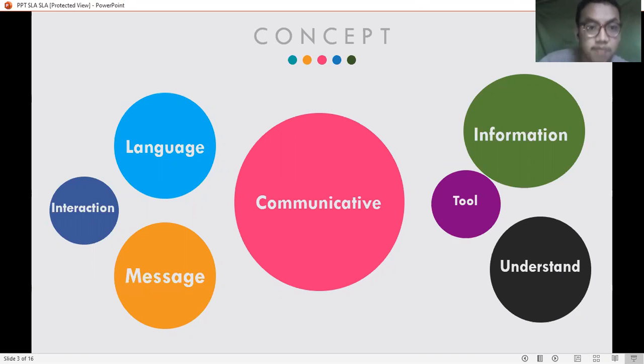And communicative is a tool for understanding each other. So what is communicative relating with understand? Actually, this is how people understand each other about the message, about the information that they deliver. So that's the meaning of communicative.